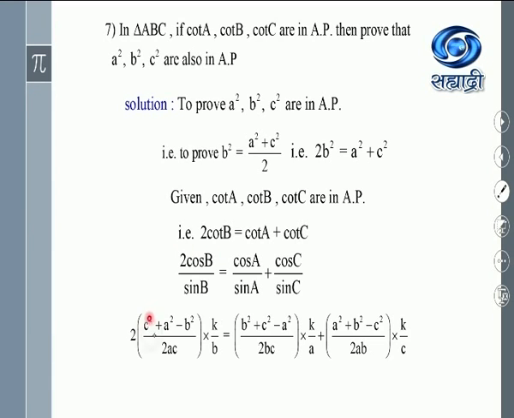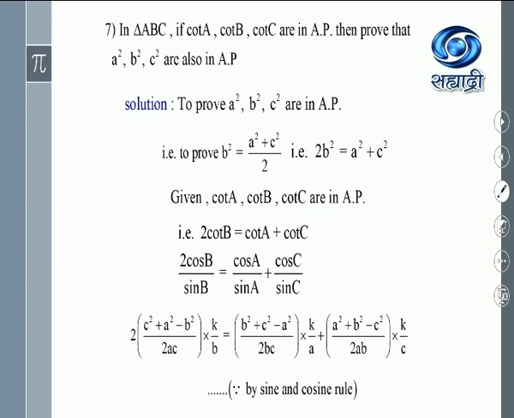C square plus A square minus B square upon 2CA or 2AC. Now let us see how to replace sin B, sin A and sin C. Using the sine rule we can replace these three terms. The proper form of the sine rule you will have to use.